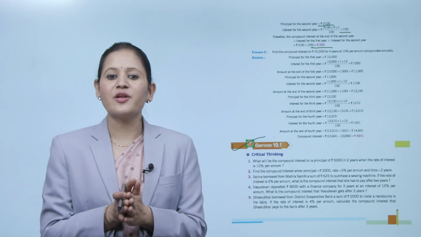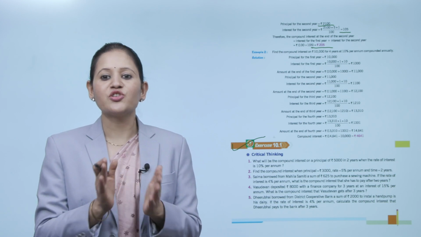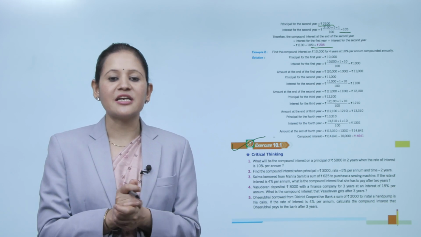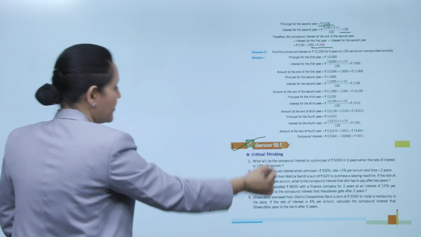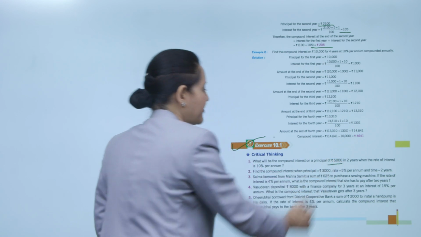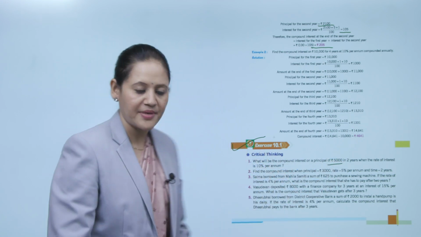Critical thinking. What will be the compound interest on the principal of rupees 5000 for 2 years when the rate of interest is 10% per annum? So, principal is given 5000 rupees, time 2 years, and rate of interest 10% per annum.